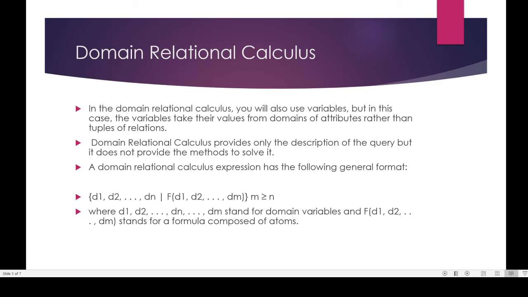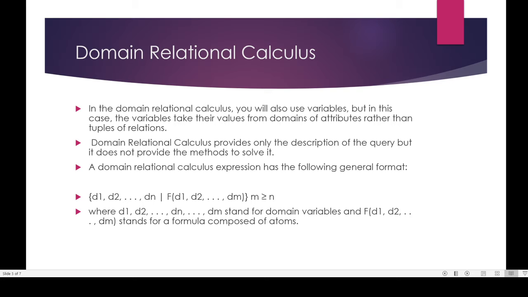Next is domain relational calculus. In domain relational calculus, we also use variables, but instead of tuple variables we use domain variables, the domains of attributes. Domain relational calculus only provides a description of the query, and does not provide the methods to solve it.